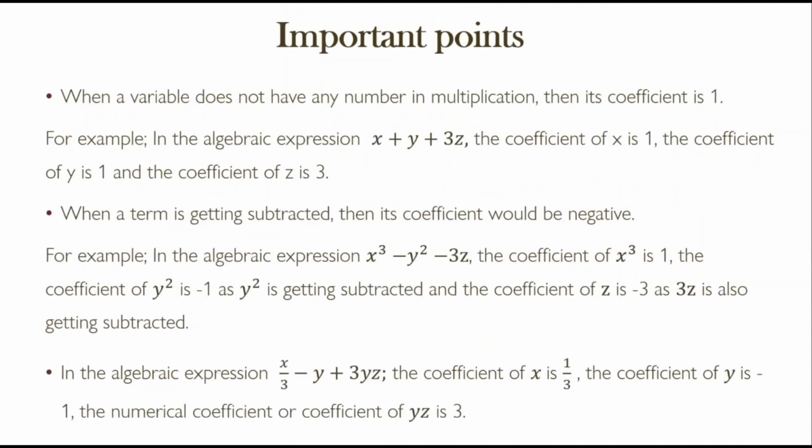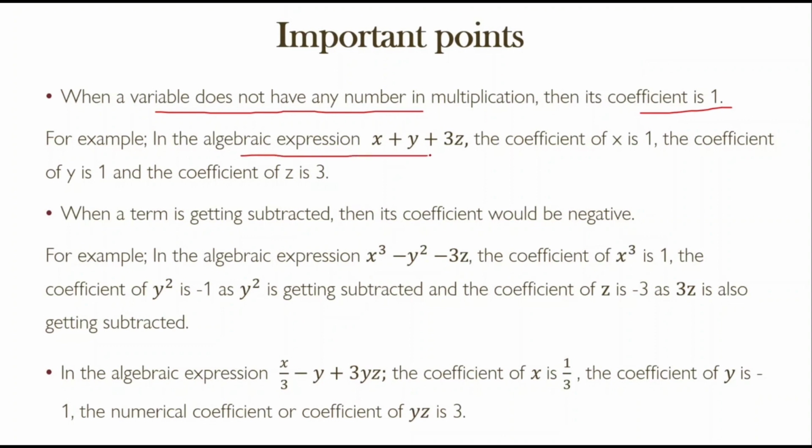Then in that case, how are we going to find out the coefficient? Because we have learned that every variable present in an algebraic expression would always and always have a coefficient. So in that case, please remember this rule that when a variable doesn't have any number in multiplication with itself, then its coefficient is assumed to be 1.